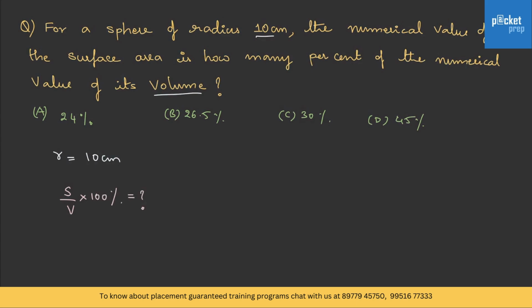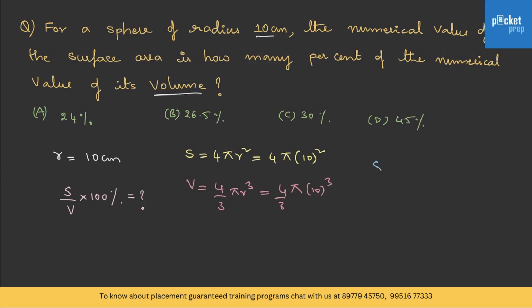For this, let me calculate the surface area first. We know that surface area is 4 pi r square, that is 4 pi, r is 10, therefore 10 square. Now coming to the volume, it is 4 by 3 pi r cube, therefore 4 by 3 pi into 10 cube.